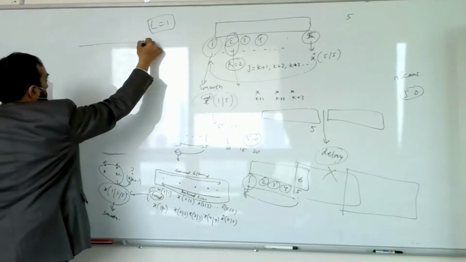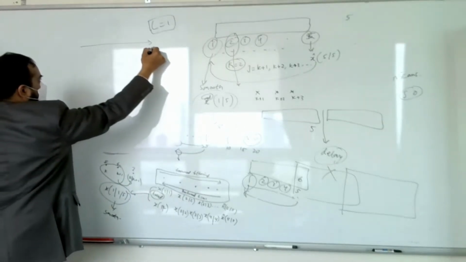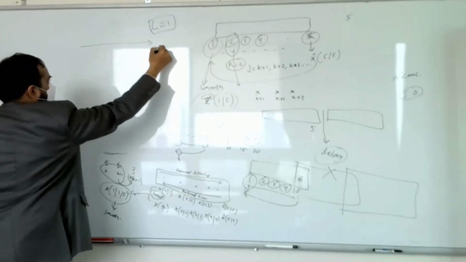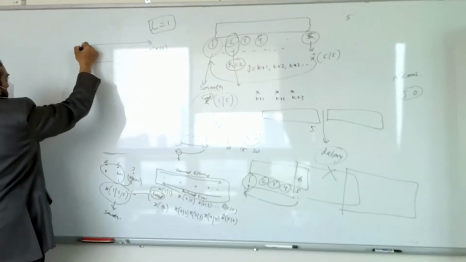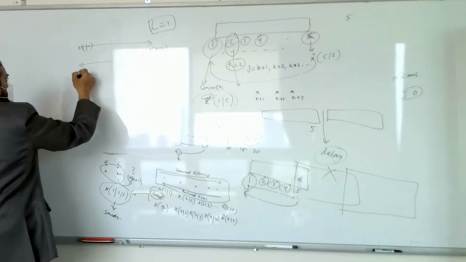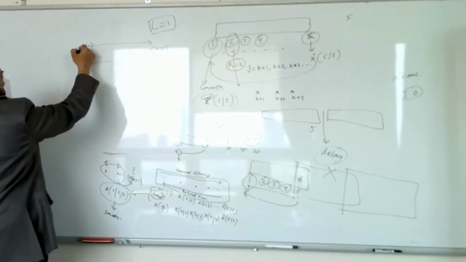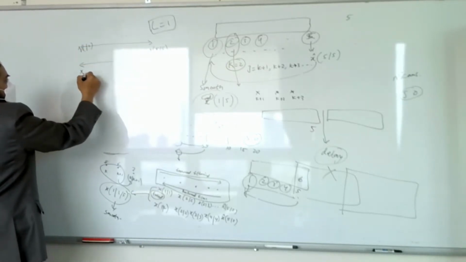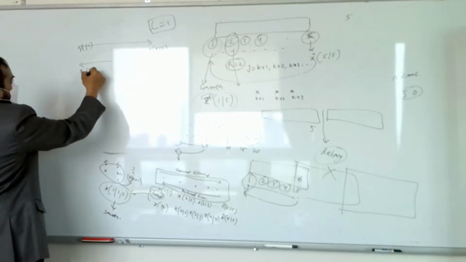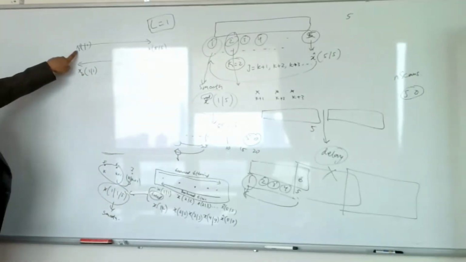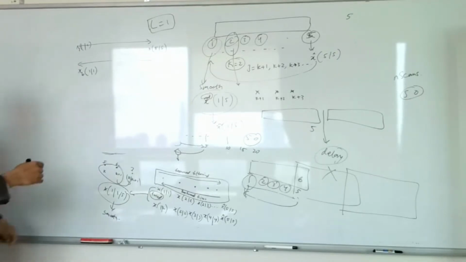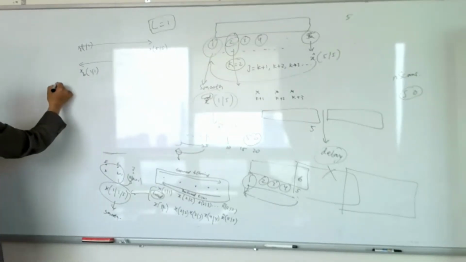This is forward filtering here, and then backward filtering. Suppose F is forward and B is backward. Okay, here B for backward and F for forward. Then it will fuse.